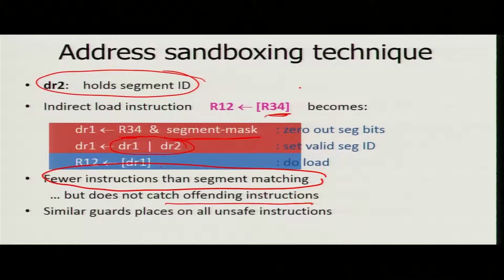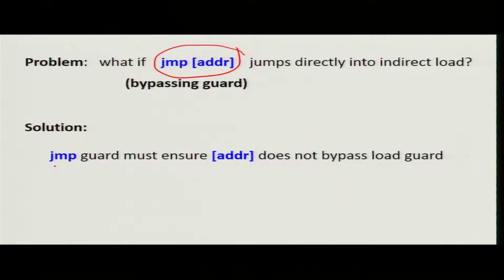Let us say you have these instructions, and it jumps directly to this. That is not good, because you are foregoing the guard. So the solution is that you also have to have a guard around the jump, to ensure that the jump does not bypass the load guard.